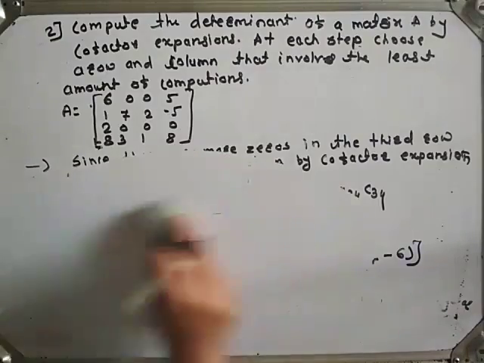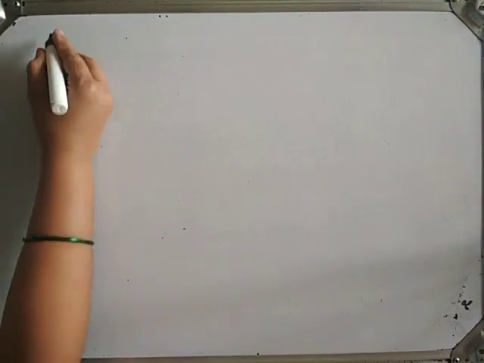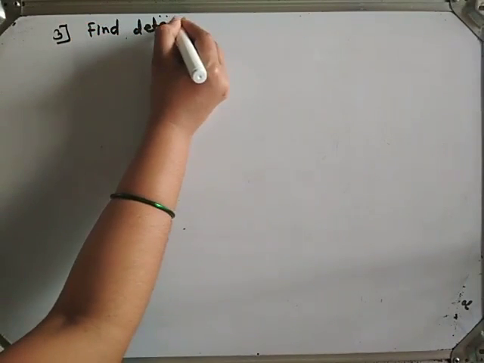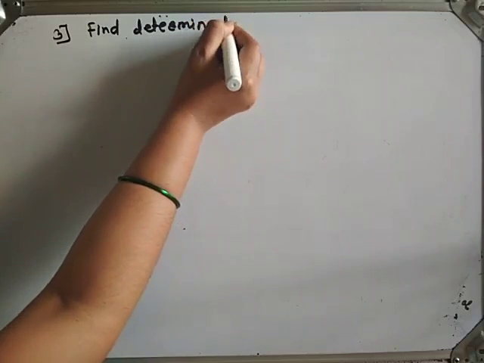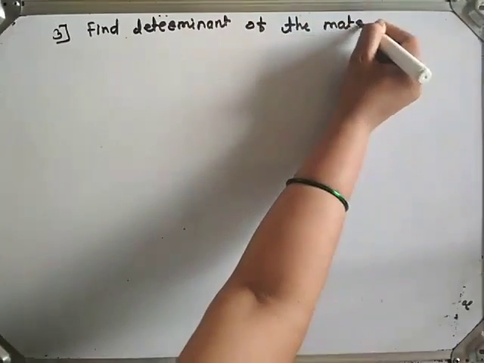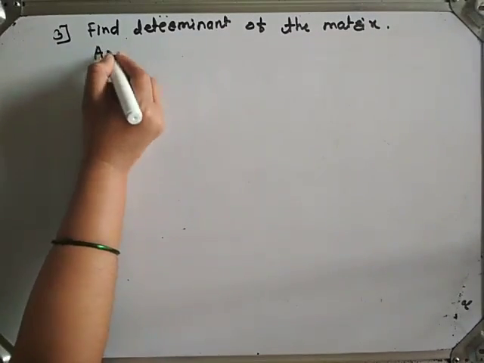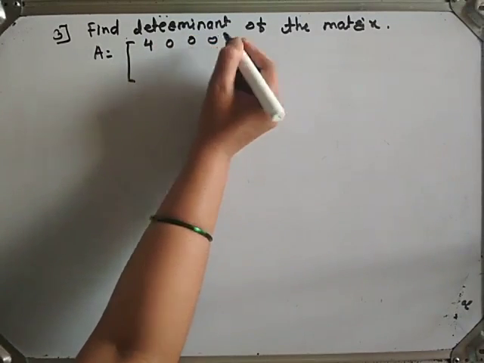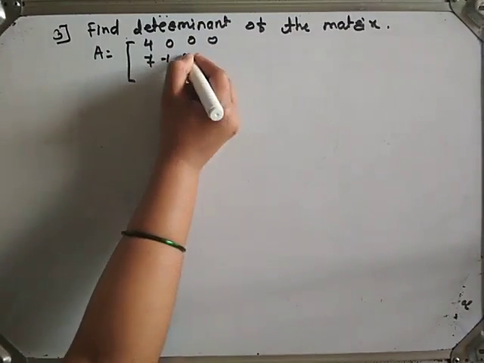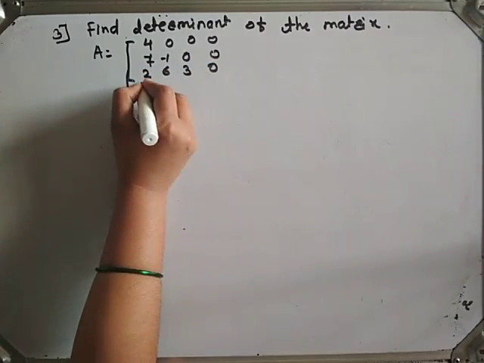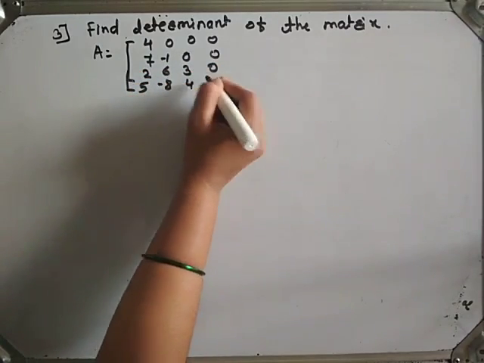Let us take one more example. Third example. Find determinant of the matrix A is equal to matrix 4 0 0 0, 7 minus 1 0 0, 2 6 3 0, 5 minus 8 4 minus 3.